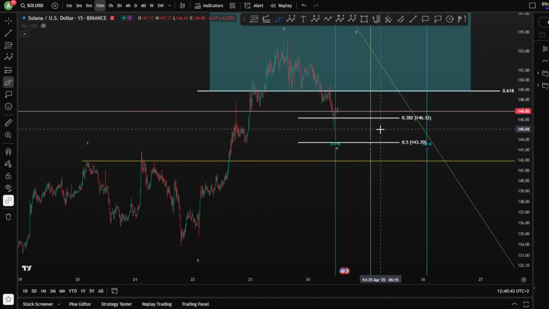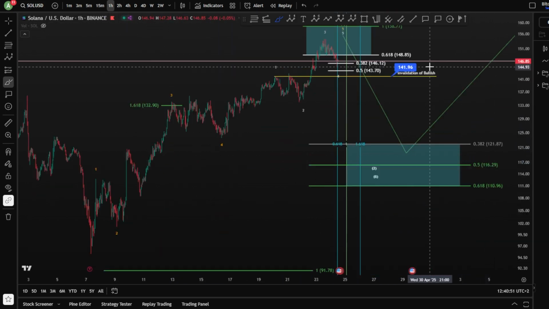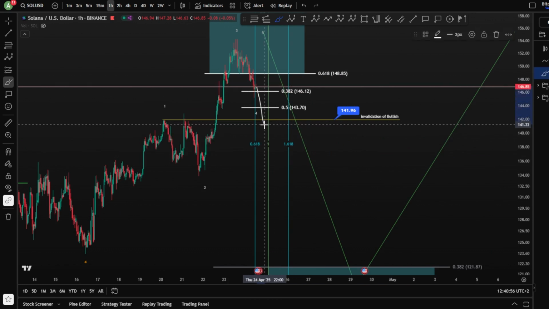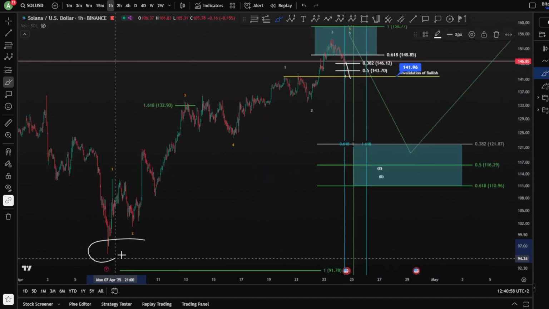Okay, but much more indication that we're heading for a bear market is, of course, your invalidation of bullish. And this is where I would confirm 100% that we're moving to take the low here.